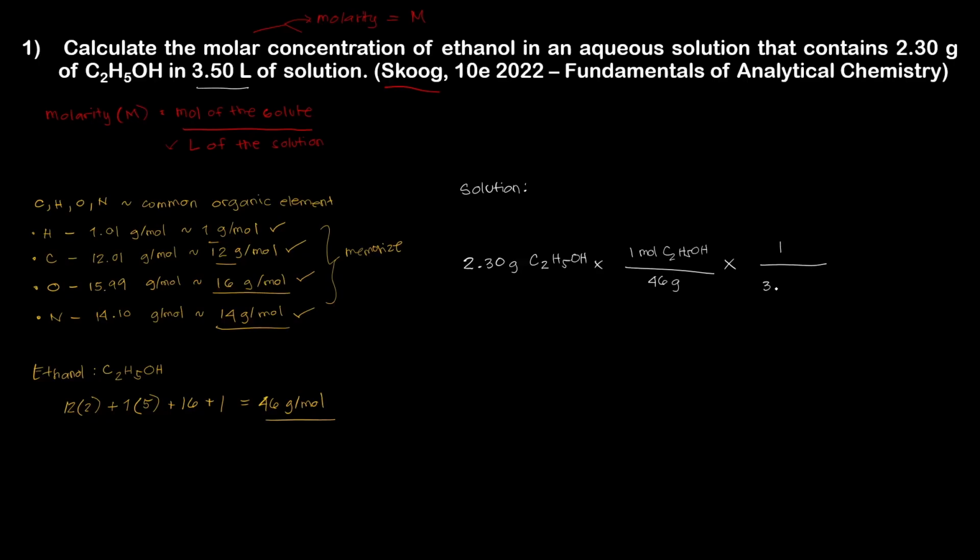So 3.50 liters. We're simply following this formula, right? Moles of the solute over liters of the solution. You can cancel this, and now you get the moles of the solute, which is ethanol, and the liters of solution. Now you can use your calculator to solve the molarity of ethanol.